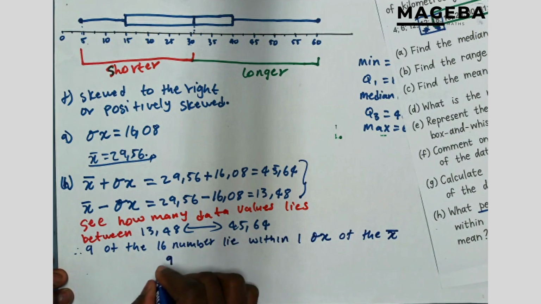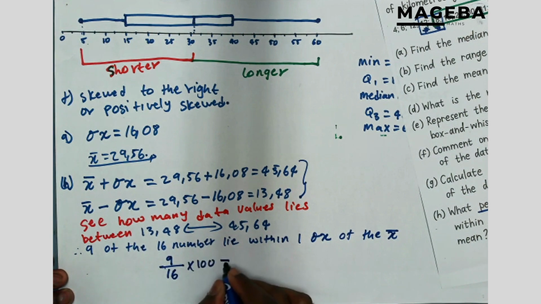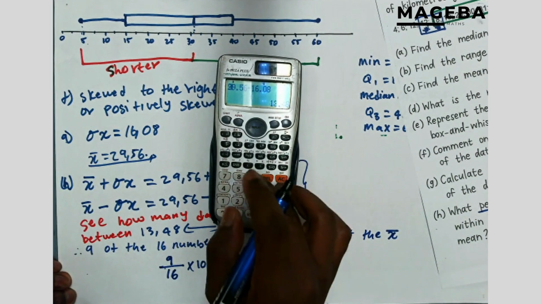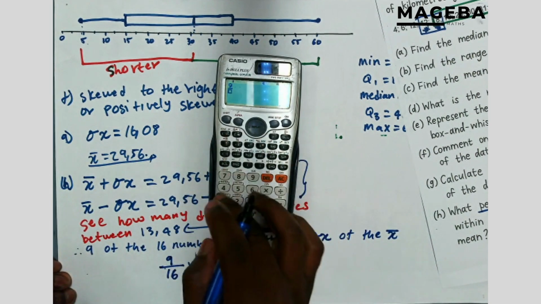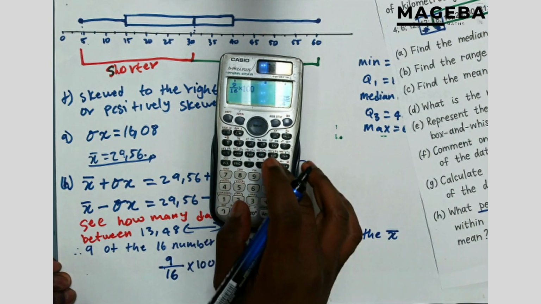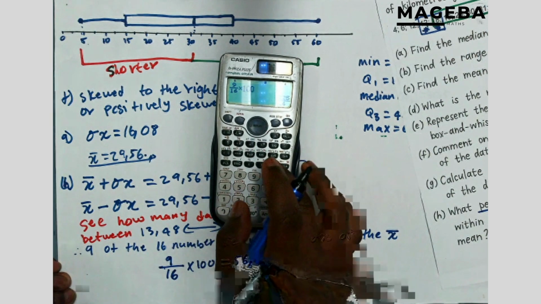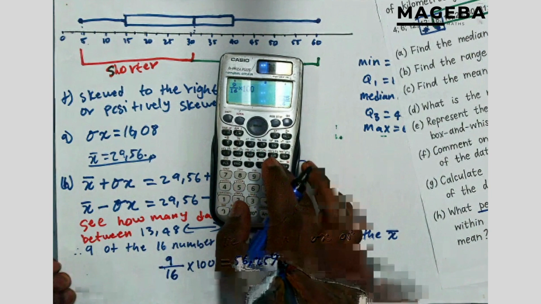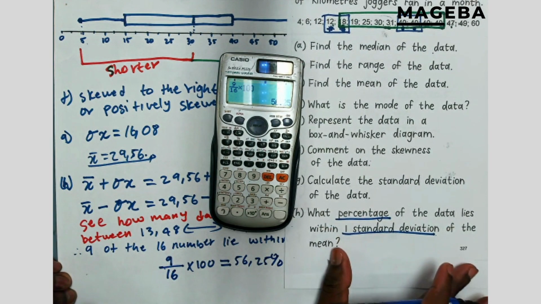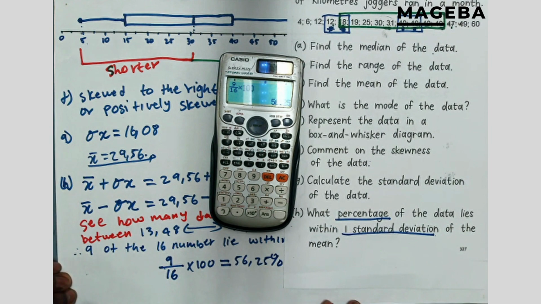I have 9 out of 16. What is the percentage now? Times 100. If I calculate this, 9 out of 16, and then times 100, what we get is 56.25. So this is the percentage that they are looking for.